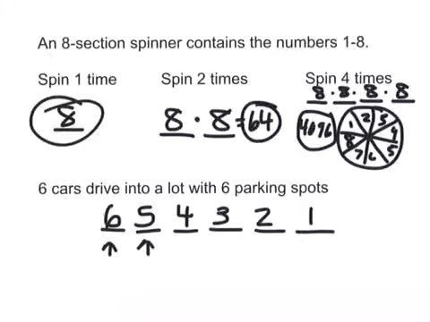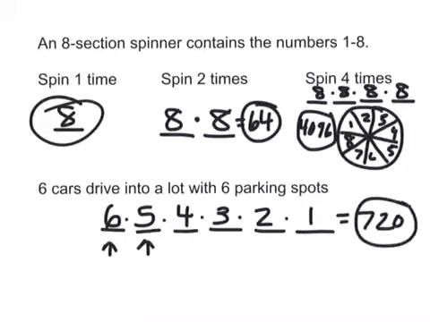So in this situation, we're going to multiply 6 times 5 times 4 times 3 times 2 times 1 to find out how many different outcomes there are. In this case, that is 720 possible ways those 6 cars can park in those 6 spots. That is another way that the fundamental counting principle is used.